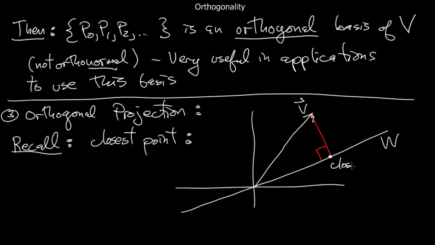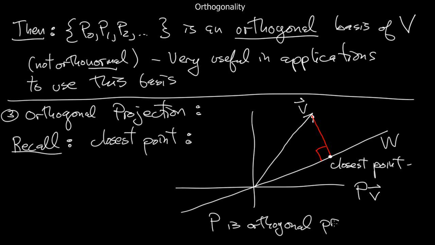You draw the perpendicular line to the plane, and the closest point is given by what's called the orthogonal projection. I've mentioned this before. I'm going to say it a little more carefully now.